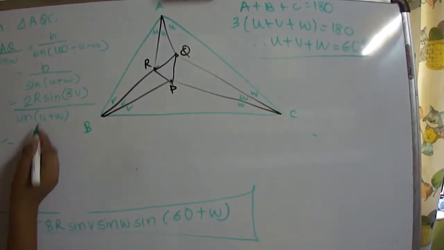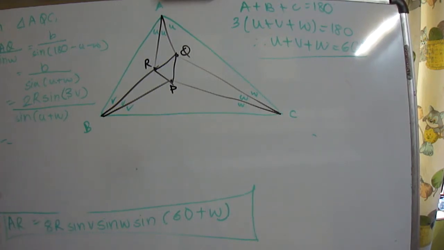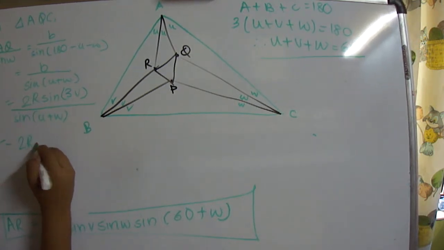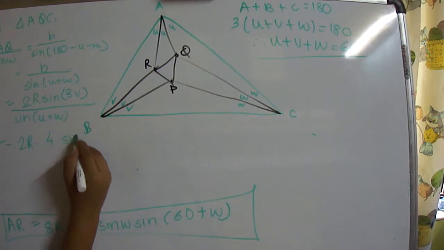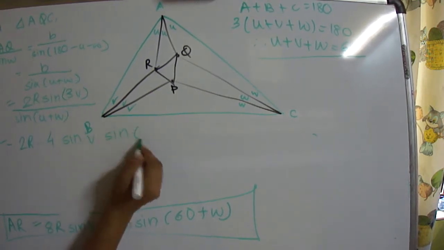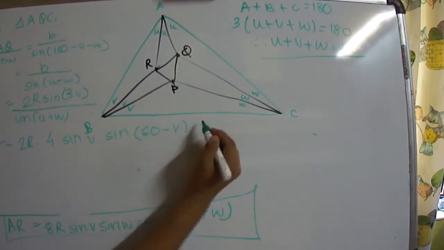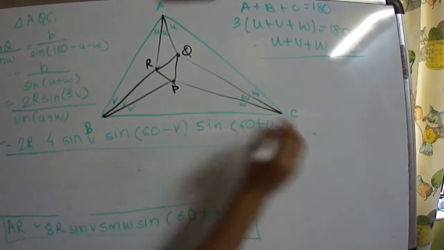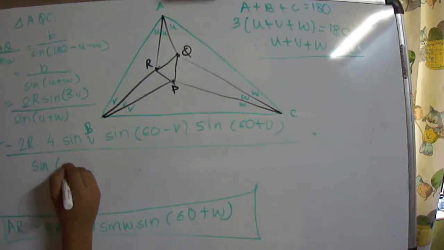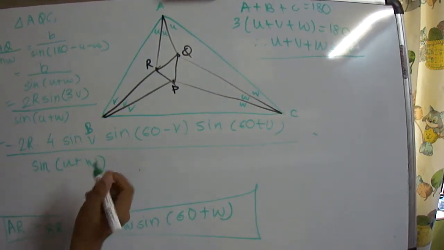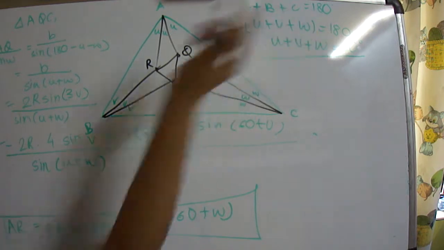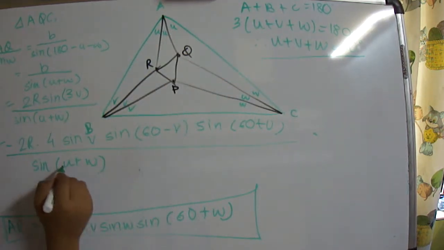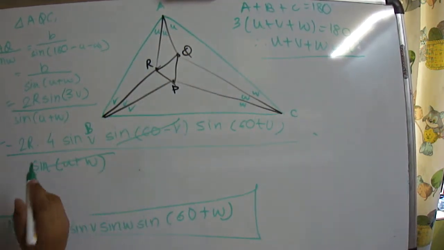Similarly, we can proceed by saying that sine 3 theta is equal to 4 sine theta sine 60 minus theta sine 60 plus theta. This becomes 2R into 4 sine V sine 60 minus V sine 60 plus V divided by sine U plus W. We already know U plus V plus W is 60. 60 minus V would be U plus W. This cancels.